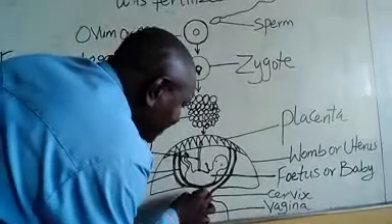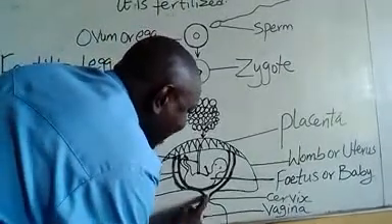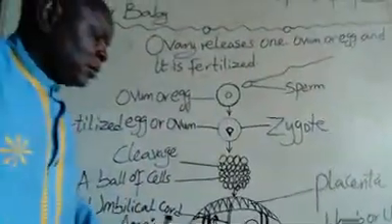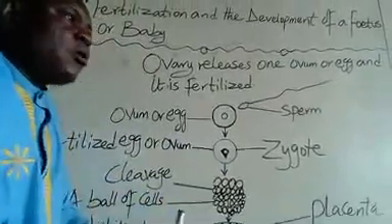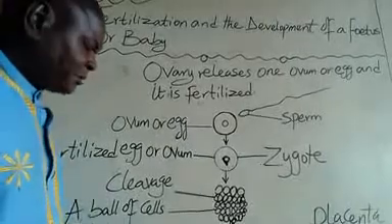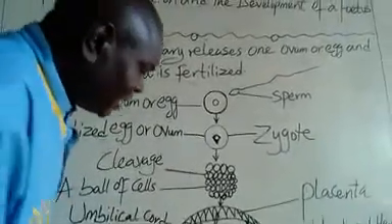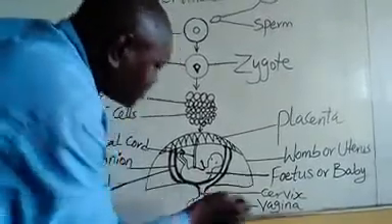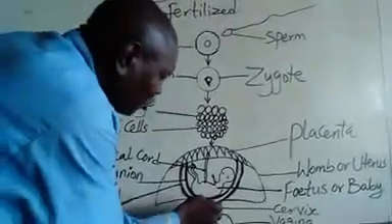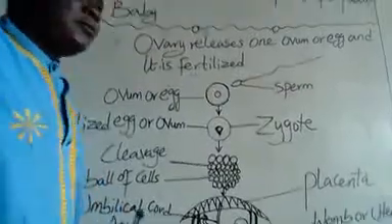Ring of muscles are here. And those muscles control the opening and the closing of the vagina. Alright? Cervix allows the baby to pass through it.